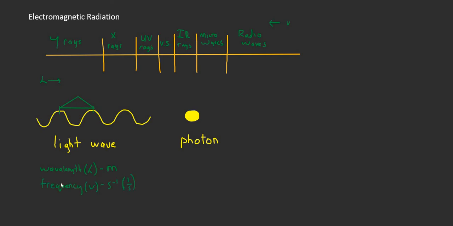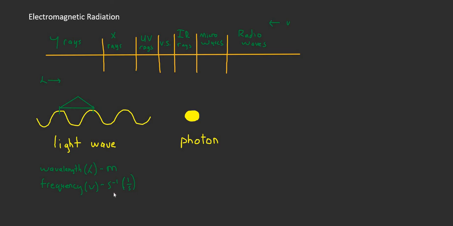So you'll often see wavelength represented as meters. And the other key property is going to be frequency, which we also talked about. And frequency just means the number of peaks hitting at a certain point in a certain duration of time. And frequency is going to be represented by the Greek letter nu, which looks kind of like a V. So this V shape is called a nu. And the units associated with frequency are going to be reciprocal seconds.